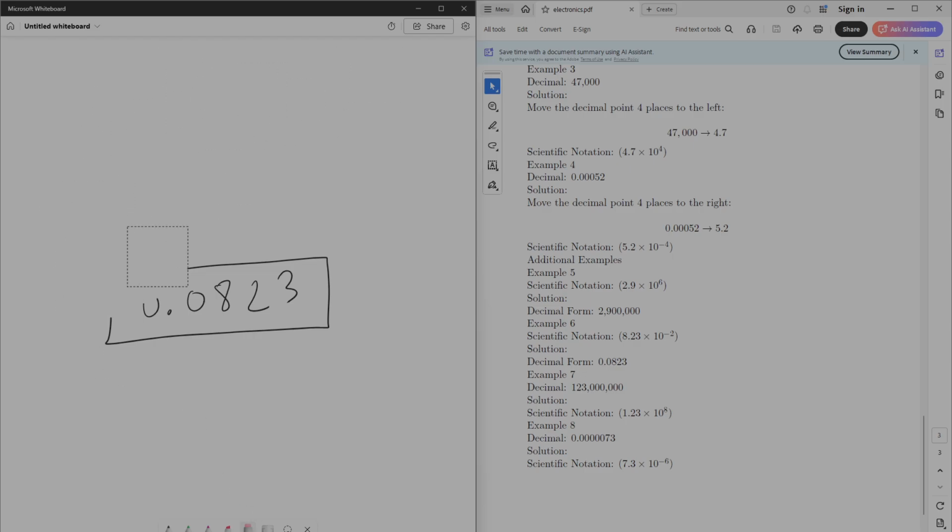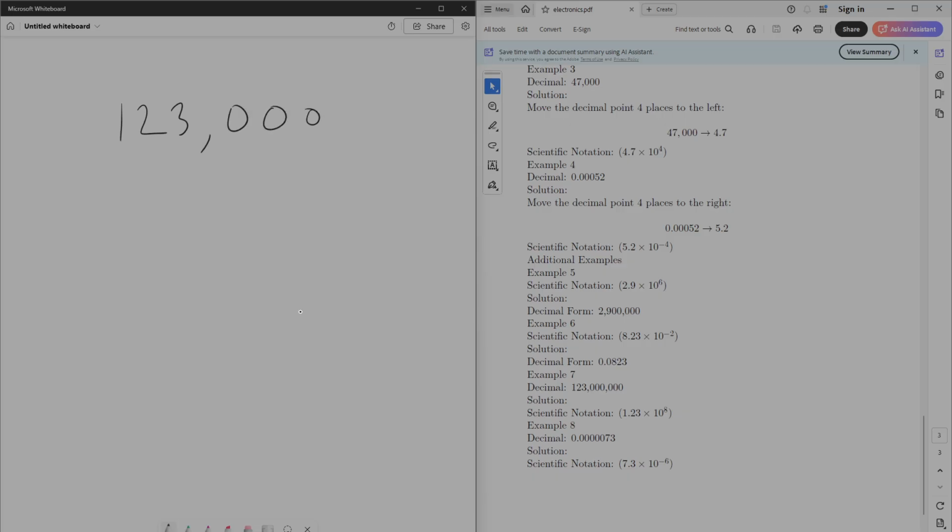Now let's go to example number 7. We're going to turn it into scientific notation. Okay, so first it has to be 1.223 times 10 to the something. Okay, so the decimal point is here. 1, 2, 3, 4, 5, 6, 7, 8.